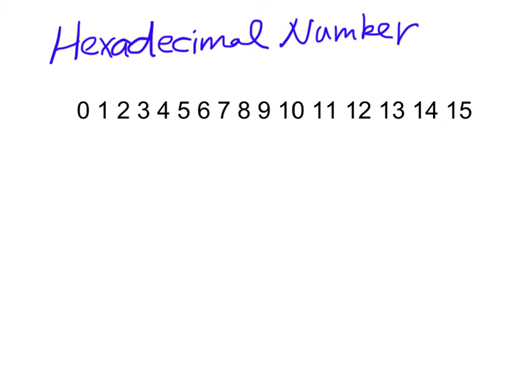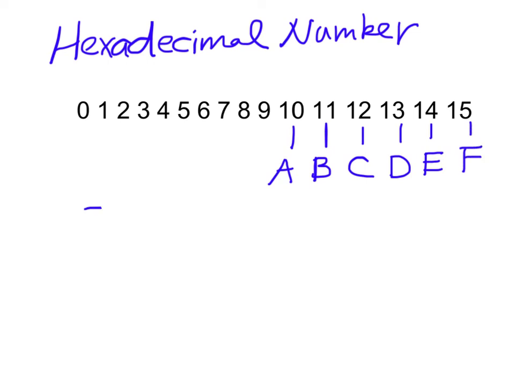We use alphabets to represent the numbers from 10 to 15. For example, we use A for 10, B for 11, C for 12, D for 13, E for 14, and F for 15.